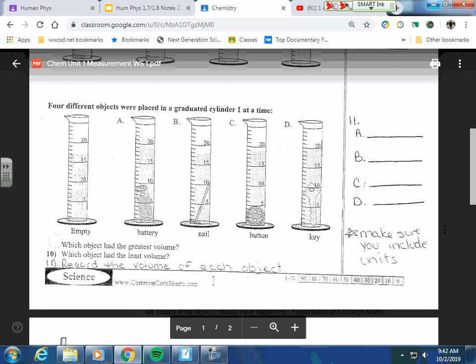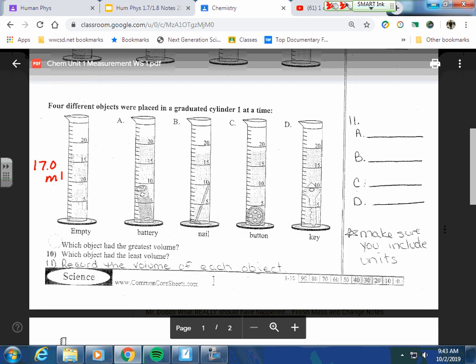First of all, we should make the correct measurement too. On this, I can see the tens, I can even see the ones. So when I write a measurement here, I should have one decimal place. Looks to me like it's right at 17, so I'm going to say the volume here is 17.0 milliliters.